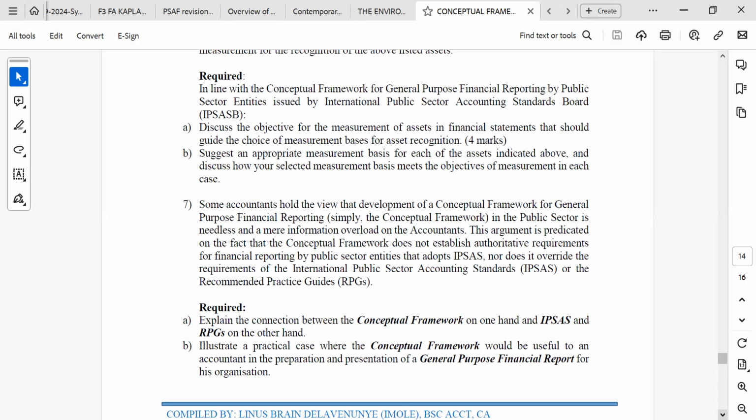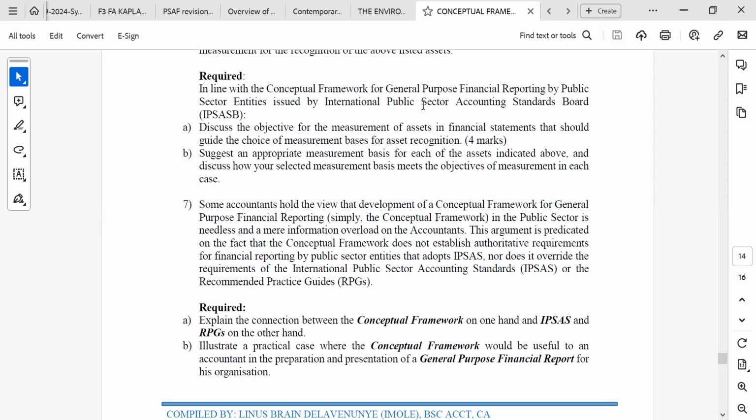Can I read? Yes, please. Some accountants hold the view that development of the conceptual framework for general purpose financial reporting, in brackets simply the conceptual framework, in the public sector is needless and a mere information overload on the accountants. This argument is predicated on the fact that the conceptual framework does not establish authoritative requirements for financial reporting by public sector entities that adopt IPSAS, nor does it override the requirements of the International Public Sector Accounting Standards, IPSAS, or the recommended practice guides.